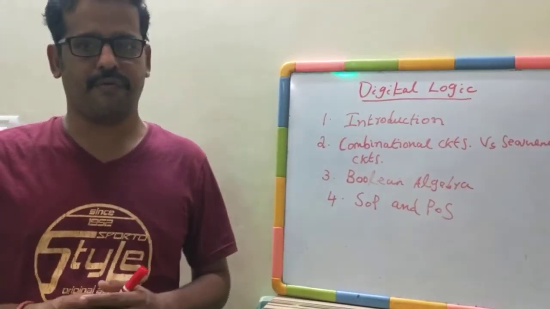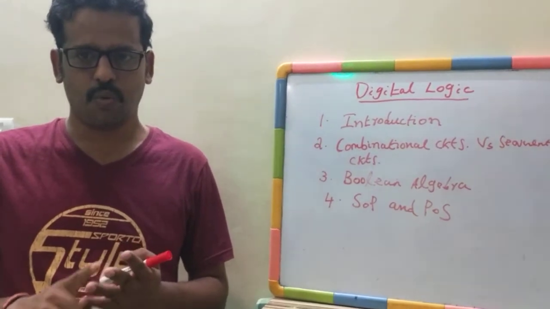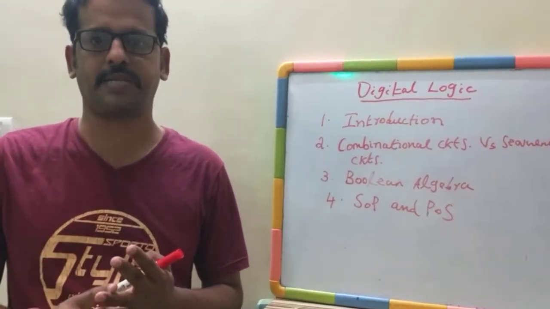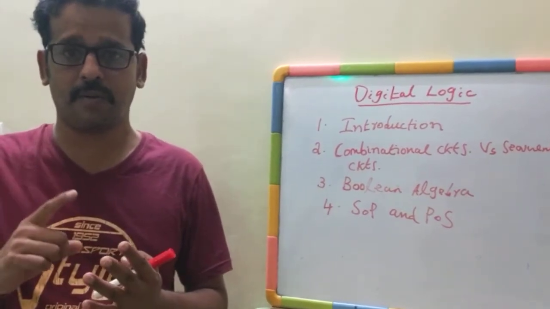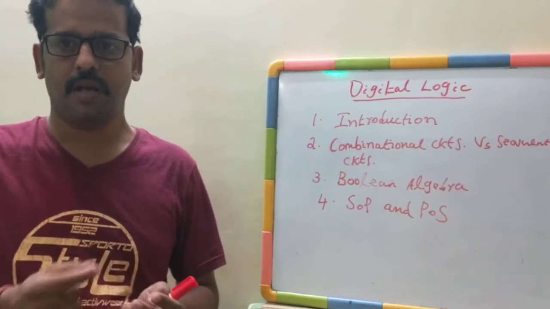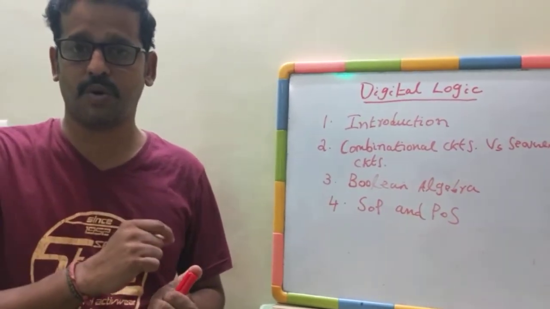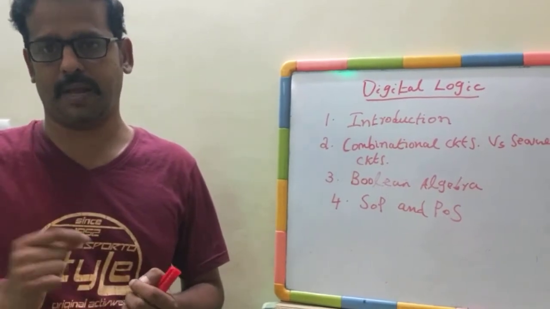These are the four differences. First, a combinational circuit is a circuit whose output value depends only on the present input, whereas in a sequential circuit the output value depends on both present and past input. Combinational circuits do not require memory; sequential circuits require memory.